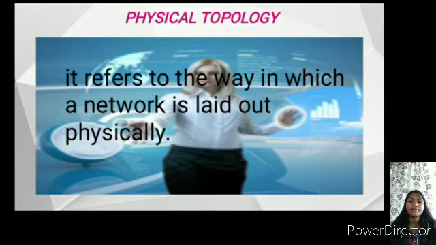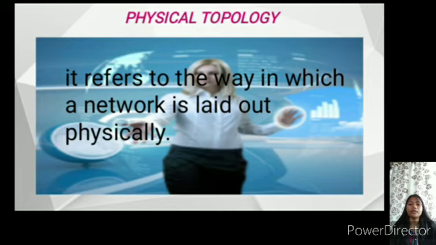Then next is physical topology. Physical topology refers to the interconnected structure of a local area network, or LAN. The method employed to connect the physical devices on the network with the cables, and the type of cabling used, all constitute the physical topology.